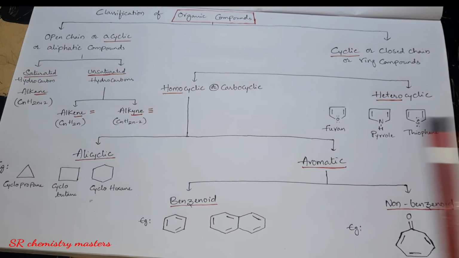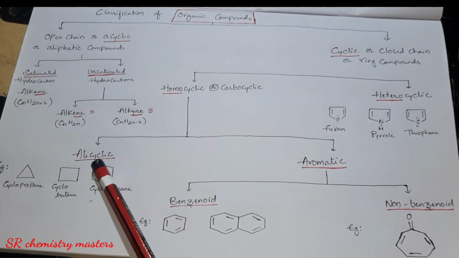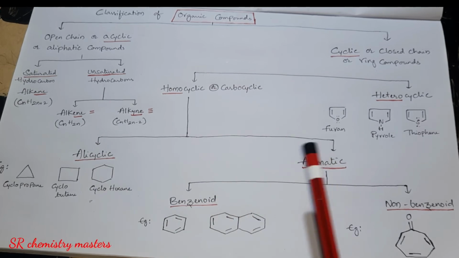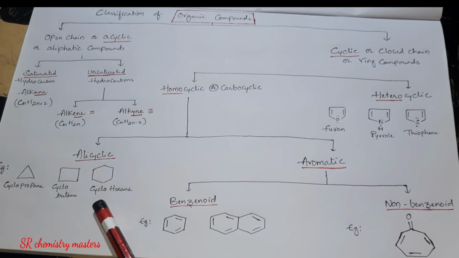And when it comes to homocyclic compounds, they are again classified into alicyclic and aromatic. Alicyclic compound examples are cyclopropane, cyclobutane, cyclohexane.